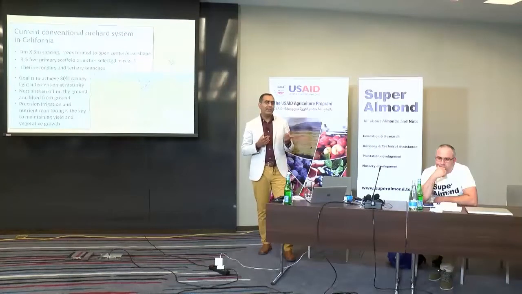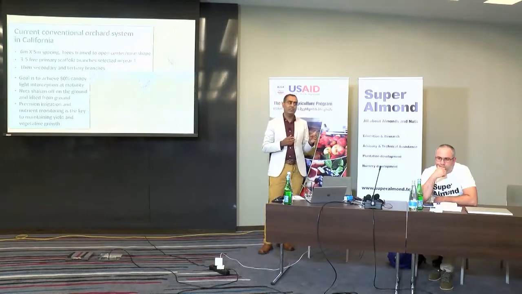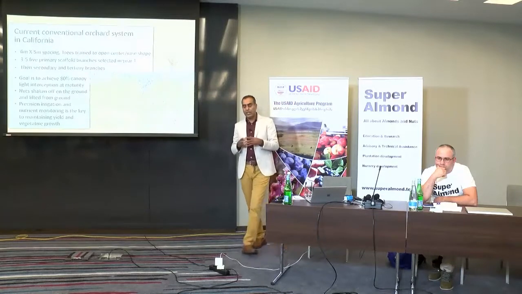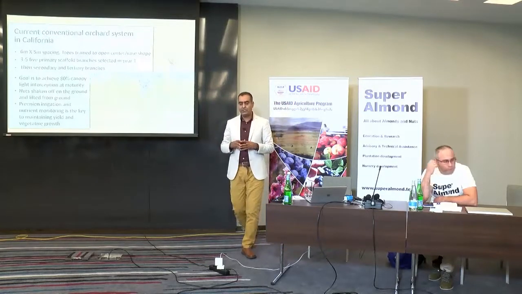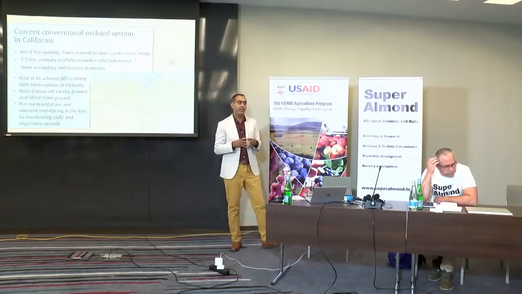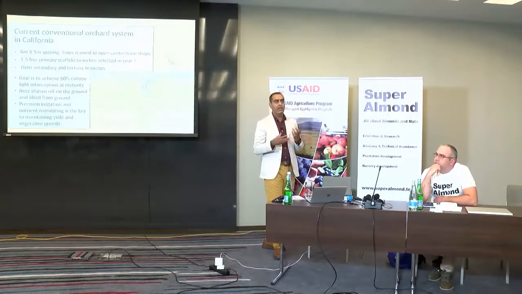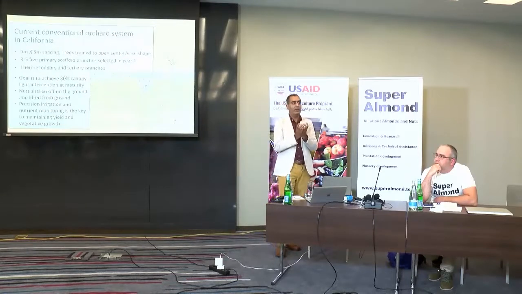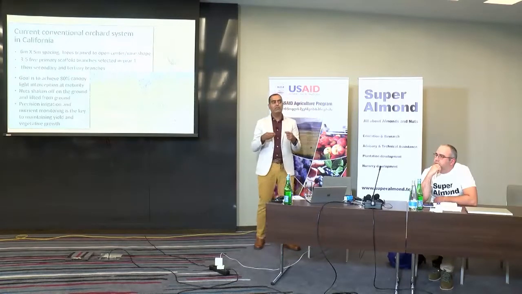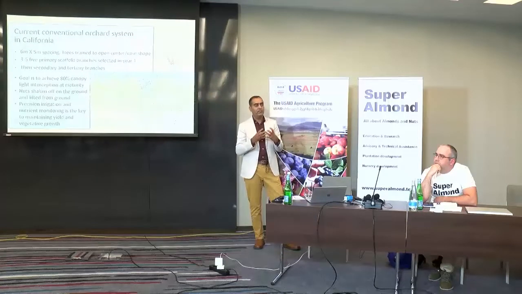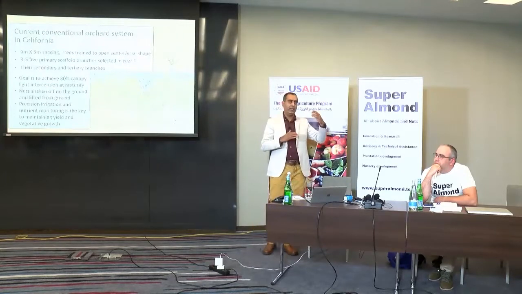And there are other things that are dependent. In terms of water, in our new trial, we are focusing on water use efficiency between the conventional and the super high density. In my previous observations from my rootstock trial, Rootpac 20 has a higher yield per canopy volume, but the intrinsic water use efficiency for that rootstock was, in my trial, relatively lower than the Nonpareil and Nemaguard combination.